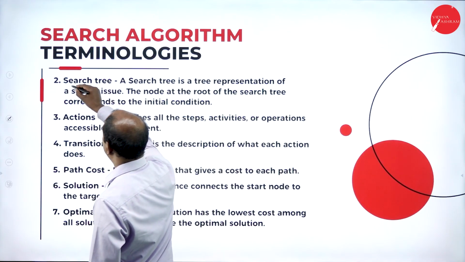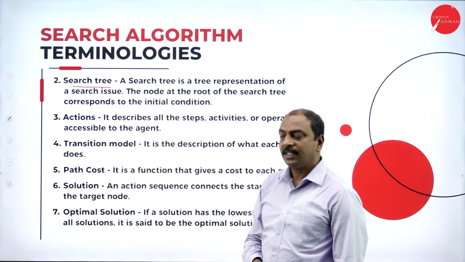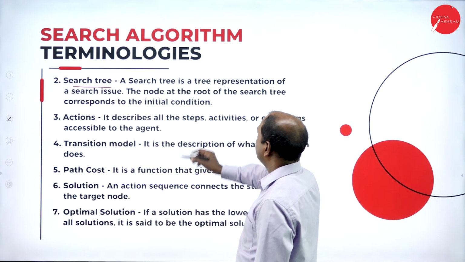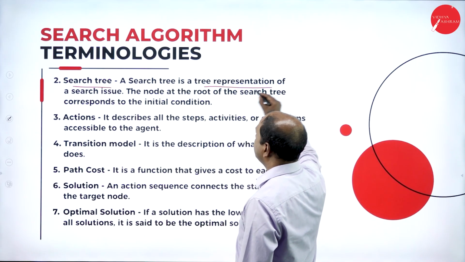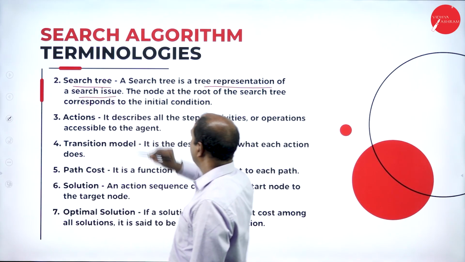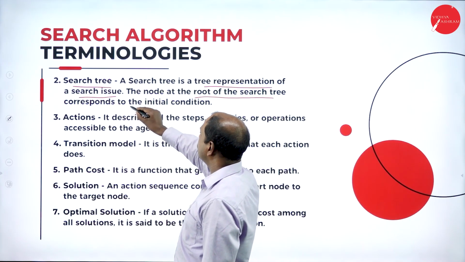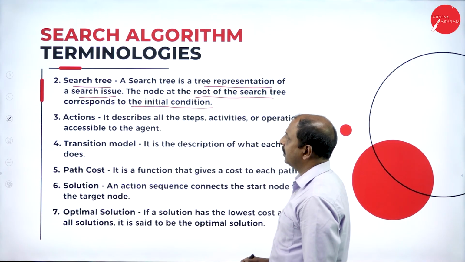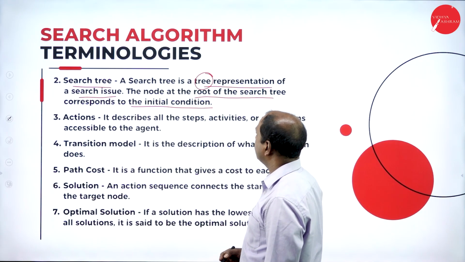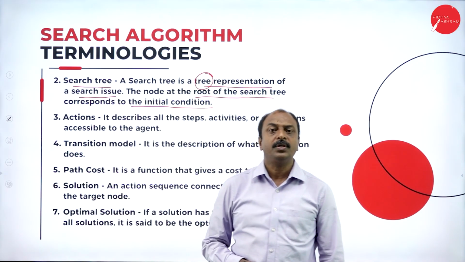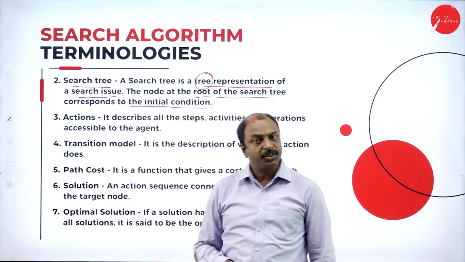Next one is search tree. What is a search tree here? A search tree is a tree representation of a search issue, and the node at the root of the search tree corresponds to the initial condition. You know what a tree is here? Tree is a data structure. So tree is a non-linear data structure.